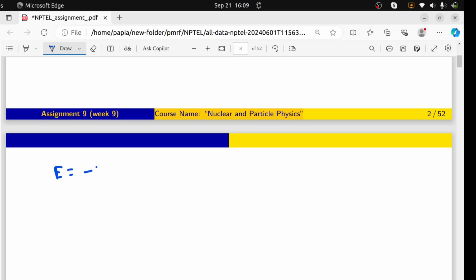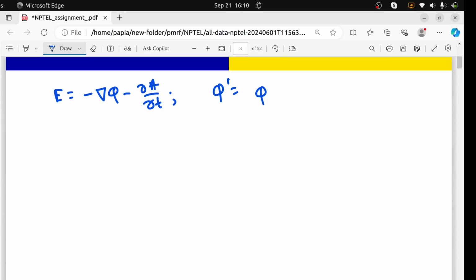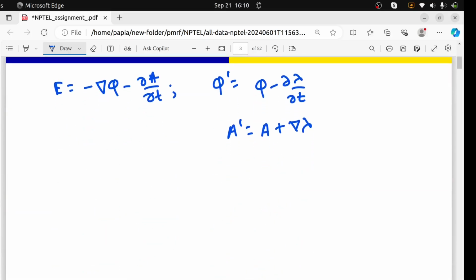E equals minus grad phi minus del A del t. Okay. And then phi prime equals phi minus del lambda del t. Whatever is given here, I am going to write that. And then A prime equals A plus grad lambda. Okay? A plus grad lambda.